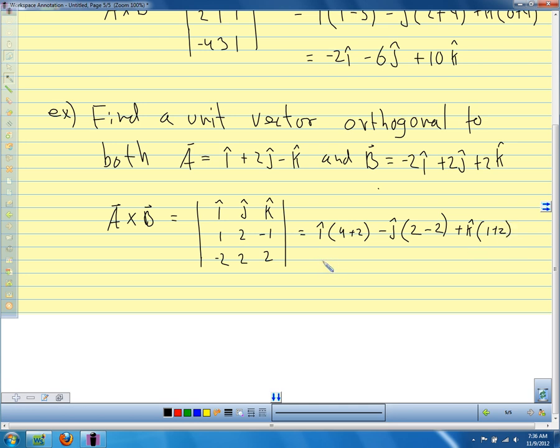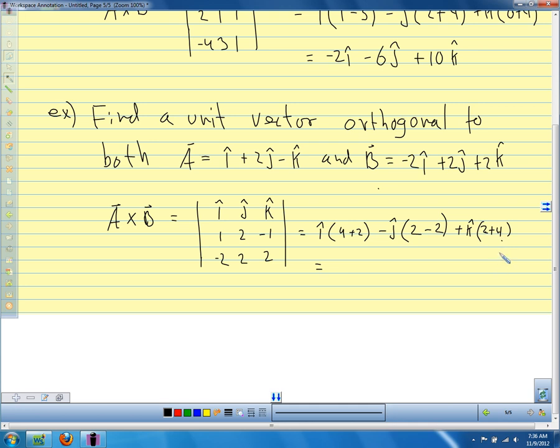So I get, did I miss my k? Yes. I crossed out my k. 2, there we go, plus 4.